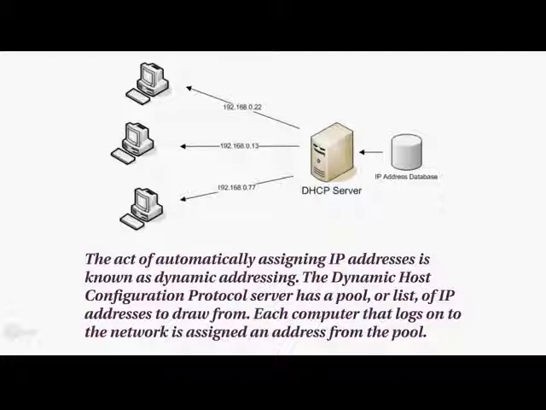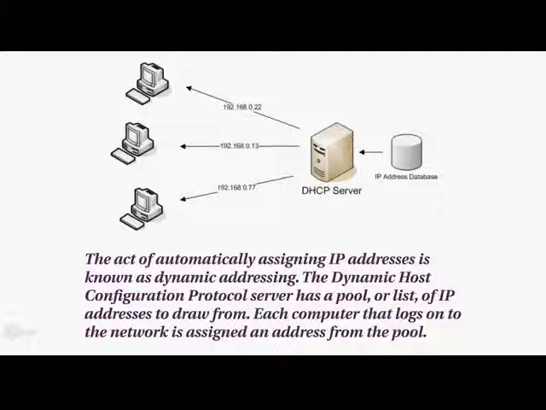Originally, computers on a network had to have their IP addresses assigned manually by static IP addressing. Static IP addressing is time-consuming, so Dynamic Host Configuration Protocol was designed to replace the manual setup. When a server runs DHCP, the IP addresses are assigned automatically.